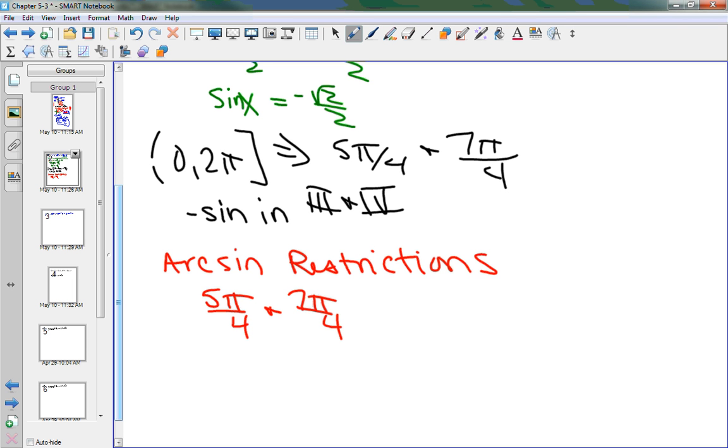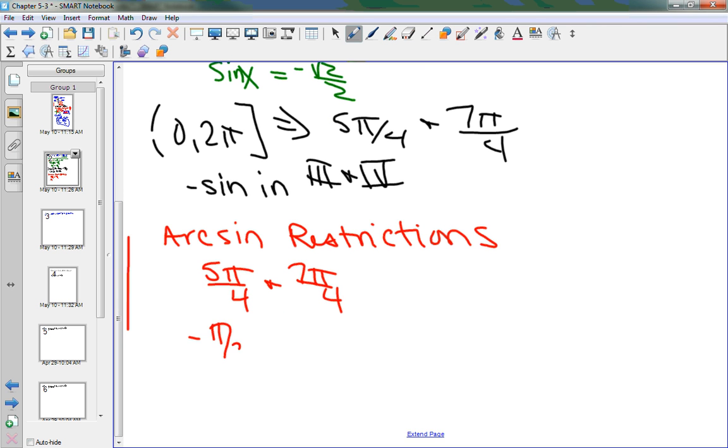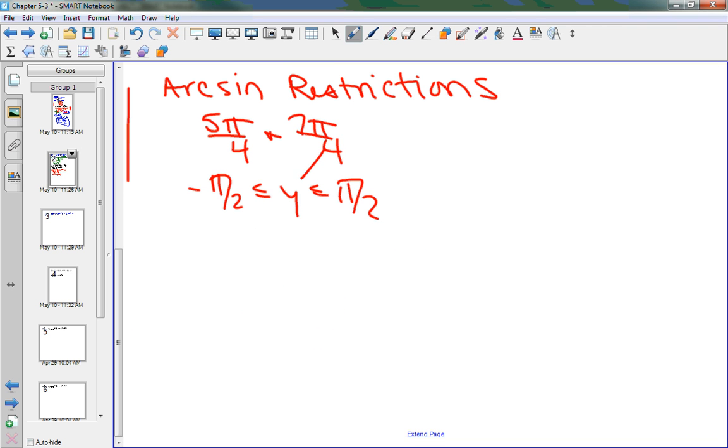Whenever you use arc sine on page 311, it has to be between negative pi over 2 to pi over 2. If I plug either one of these answers in, does that make it a true statement? No, it makes it a false statement. More importantly, 5 pi over 4 is in quadrant 3, and 7 pi over 4 is in quadrant 4.